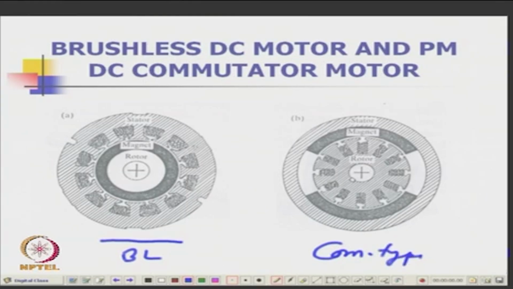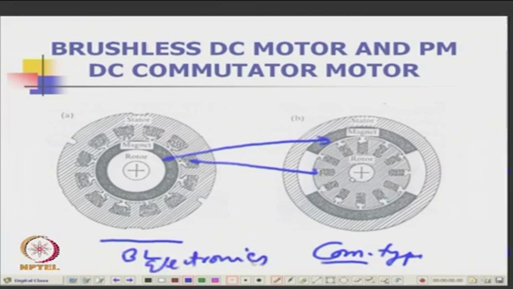So, we have said that here the magnet in rotor, here magnet in stator, here windings in stator and here windings in rotor. So, it is basically a reverse mode. Only thing is, here you use commutator, here you use electronics to switch. This is what you will have.